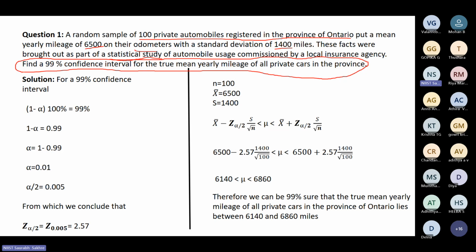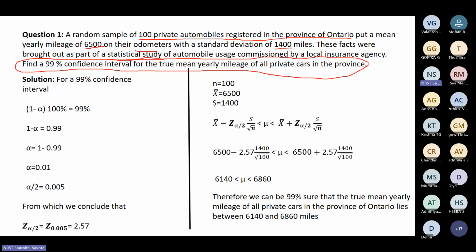The question is, they have taken a random sample of 100 private automobiles registered in the province of Ontario. The mean yearly mileage of those cars was 6,500 on their odometers, with a standard deviation of 1400 miles, the distance.